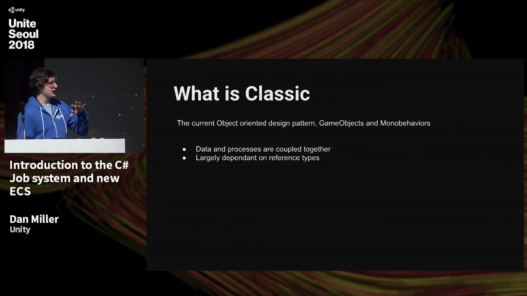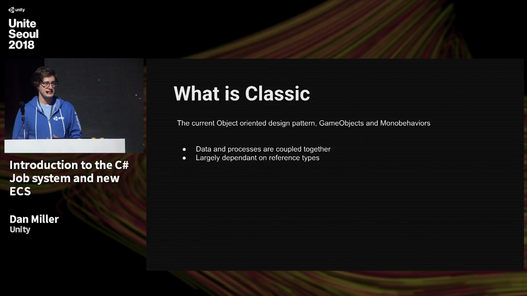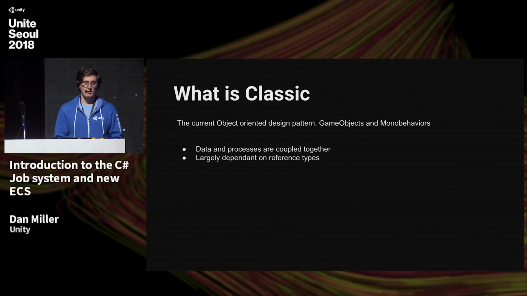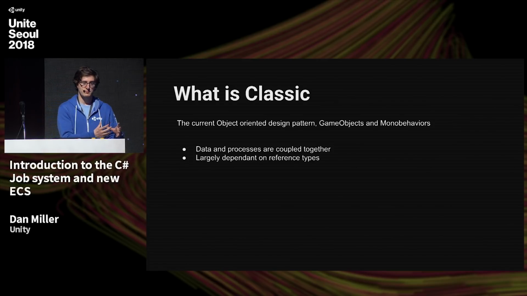So before we get into how ECS works and what its benefits are, I want to talk a little bit about what is classic. And what I'm referring to as classic here is the way that you interact with objects in Unity today, which is an object-oriented approach. You have game objects that you attach components to.